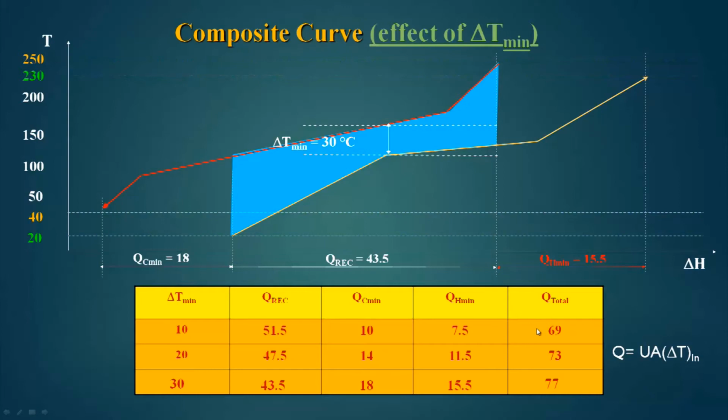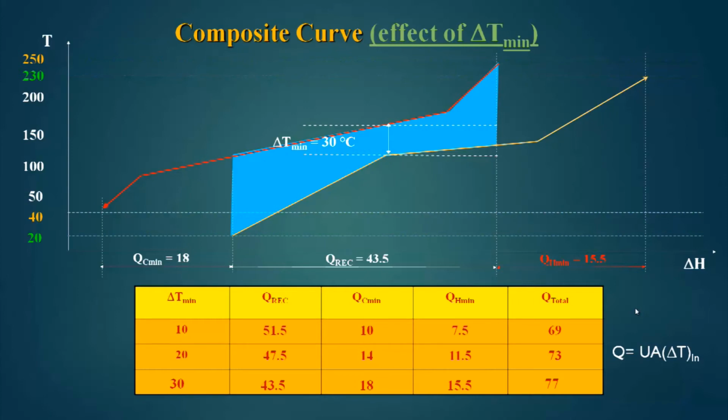At delta T minimum equal to 10 degree centigrade, this was 69. At delta T minimum of 20 degree centigrade, this was 73. At delta T minimum of 30 degree centigrade, it was 77. So, this Q is also increasing. So, when delta T minimum is increasing, the Q is also increasing. This is a conclusion we make from this.